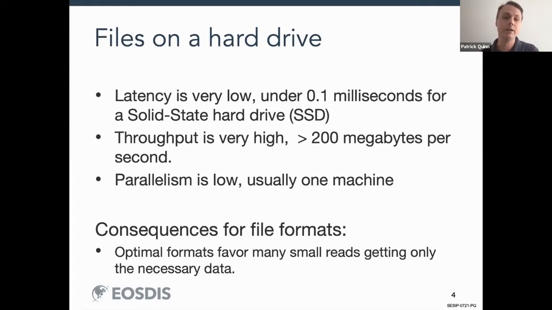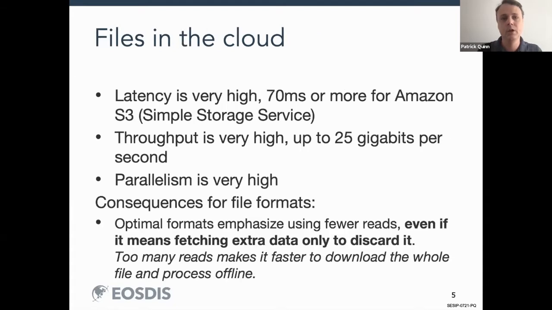You can skip around a file like crazy, and unless you're doing huge numbers of reads, like in the thousands to millions of reads, you're not even going to notice it. And so a consequence there is that if you're going to optimize for accessing from a hard drive, you don't really care about the number of reads as much as you care about getting precisely the data that you need.